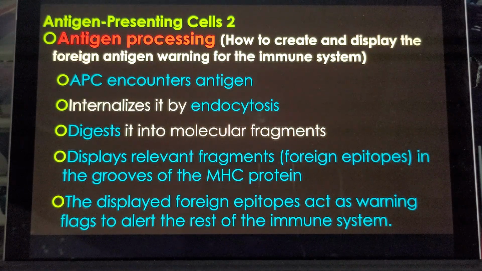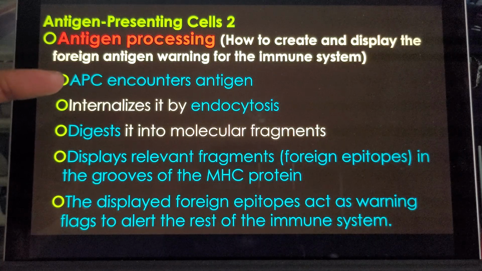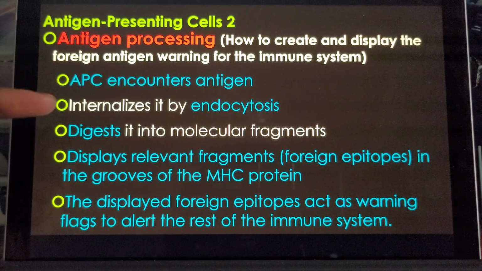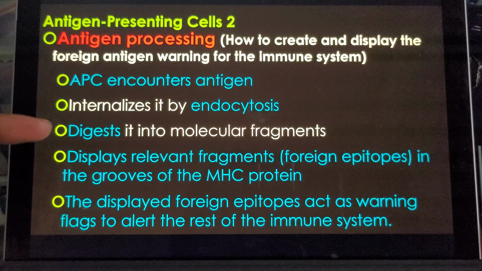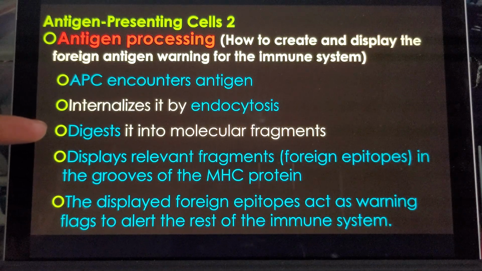So how this works: our antigen presenting cell will encounter a foreign antigen, and it is able to detect the foreign glycocalyx. It internalizes it using endocytosis, bringing a vesicle into the cell, and digests it. Remember, we're talking about those granulocytes, the white blood cells that have the little speckled appearance; they have enzymes to break down any kind of foreign pathogen.